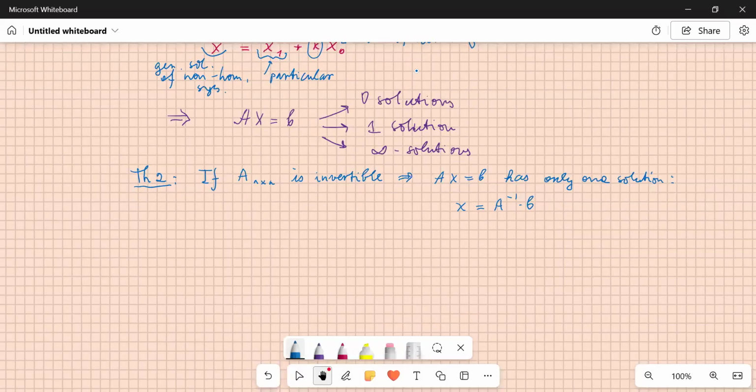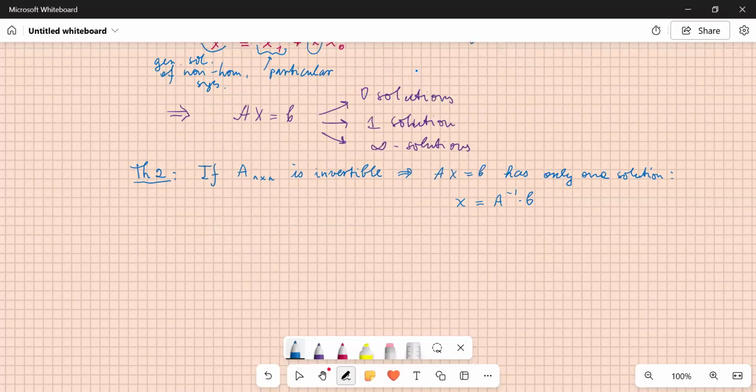So what is given? That the matrix is invertible. I need to prove that it has only one solution. I'm not going to try to build a contradiction here. I'm just going to write down the system AX equals B, and imagine that X here is any arbitrary solution.